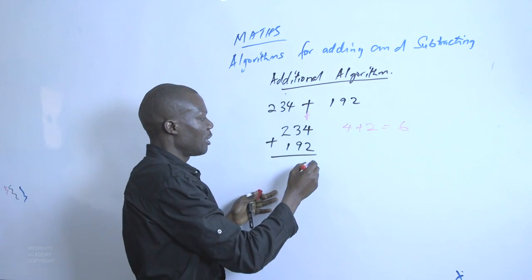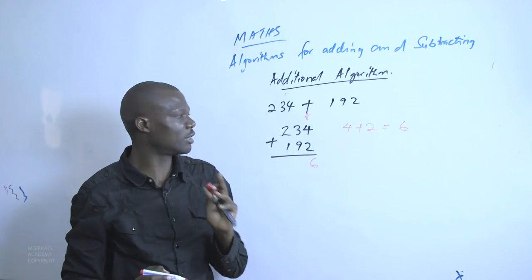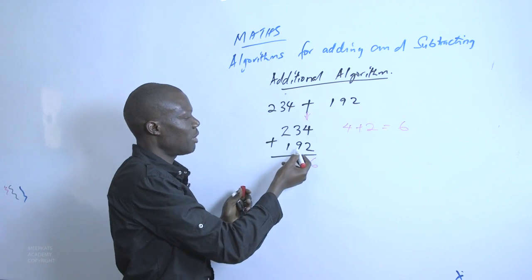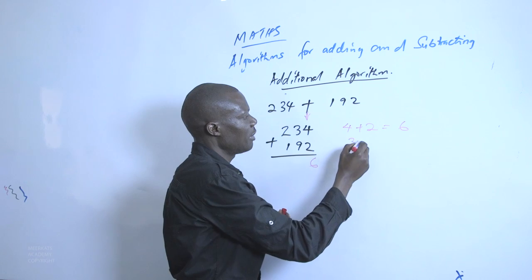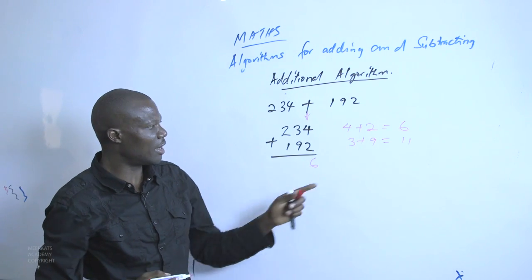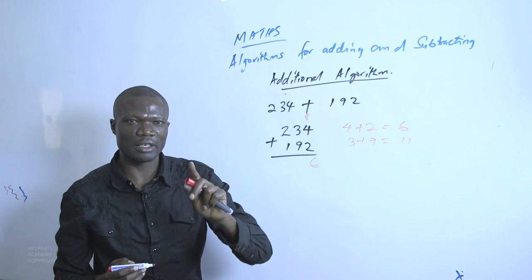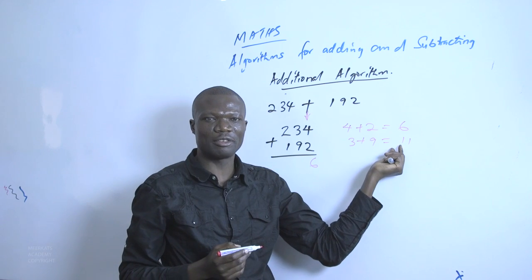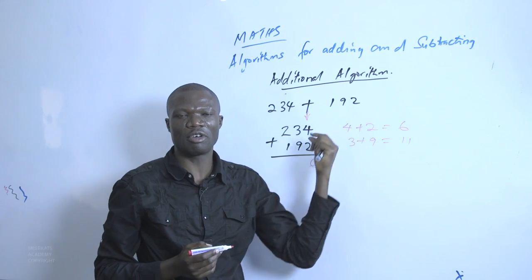Then we move to the second column of tens, where we have 3 plus 9. 3 plus 9 is 12. Now, 12 is greater than 9, which implies that the digit with higher place value will be carried over to the next column.